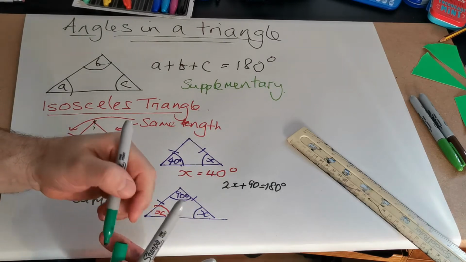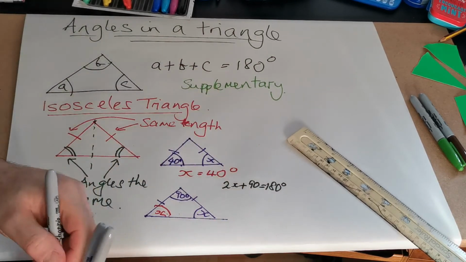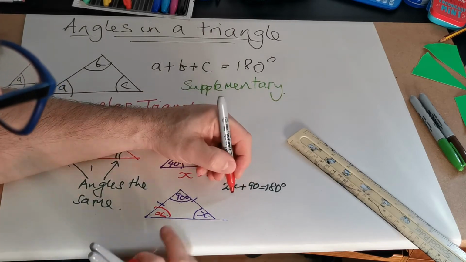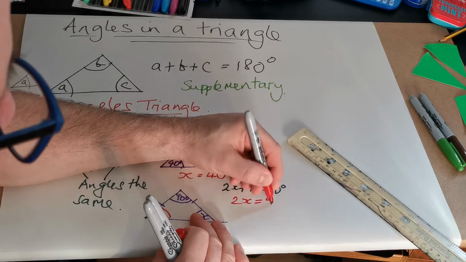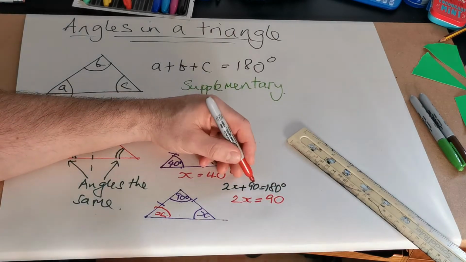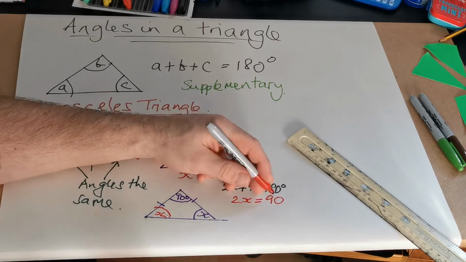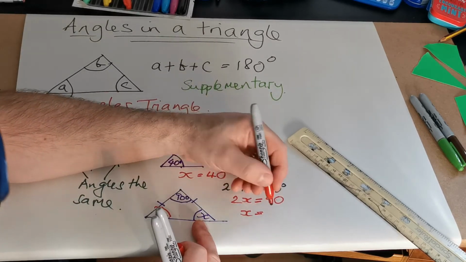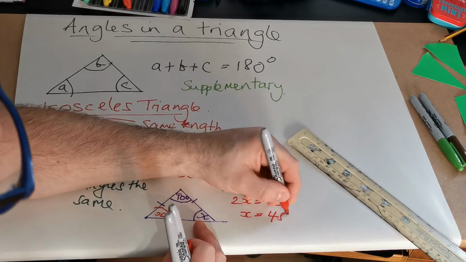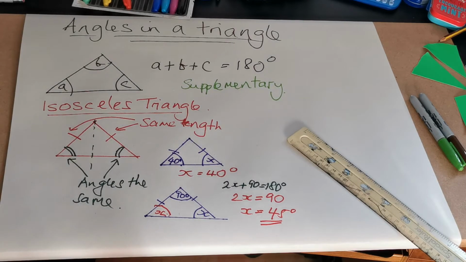So in terms of that being an equation that I need to solve, I would know that two X's would have to be 90 degrees, because I know that 90 plus 90 is 180. And if two X's are 90 degrees, then I have to divide the 90 by 2 to tell me what one X is, and that's 45 degrees. So in this case, there would be 45 degrees each.